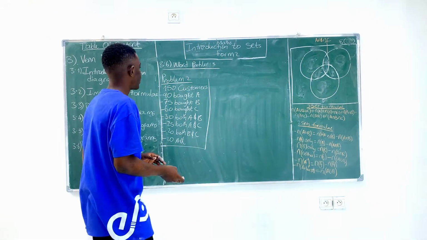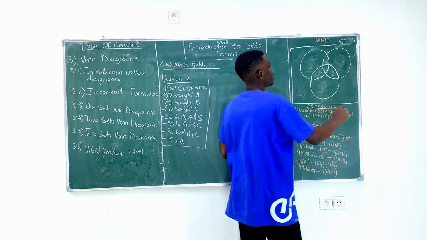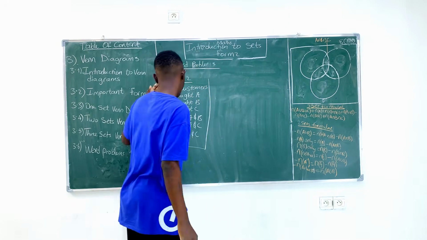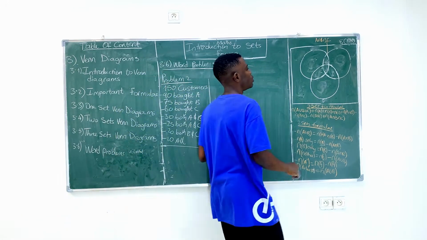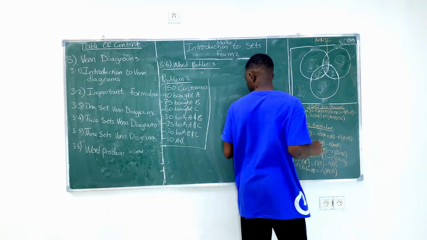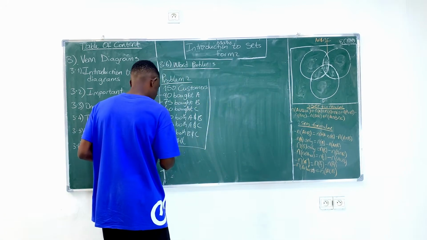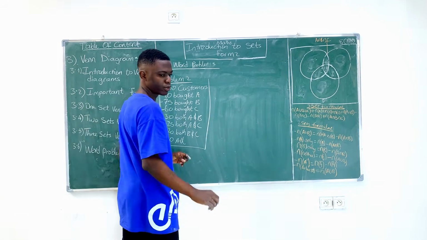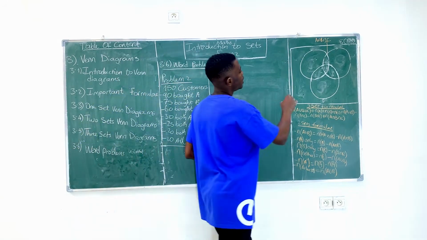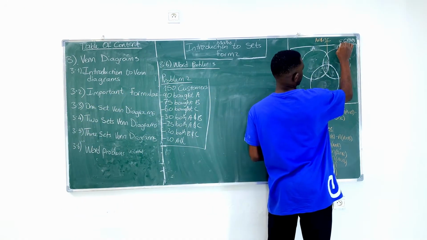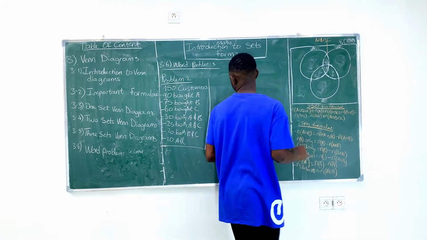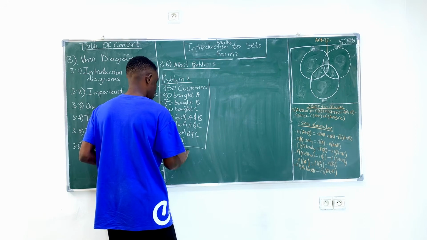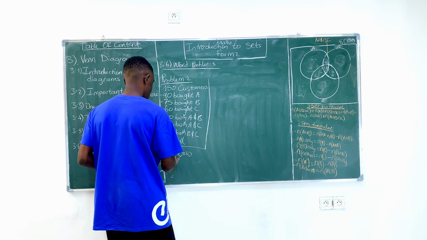So to solve it using the Venn diagram, first write the sample space, which is 150. Now the 10 people bought all of them, which means A, B, and C. So here we write A, B, and C. So A intersection B intersection C is equal to 10.